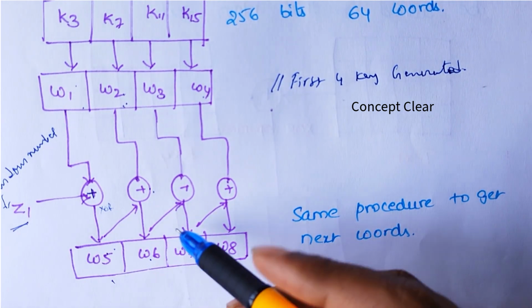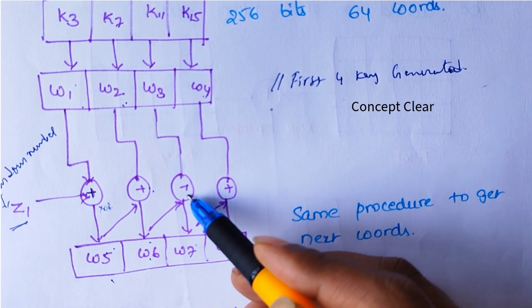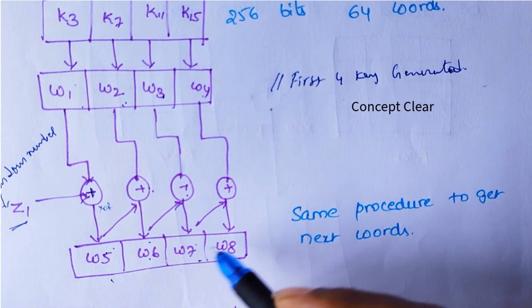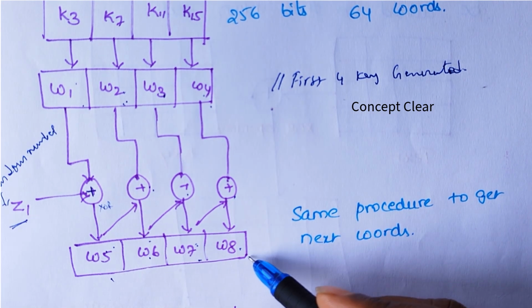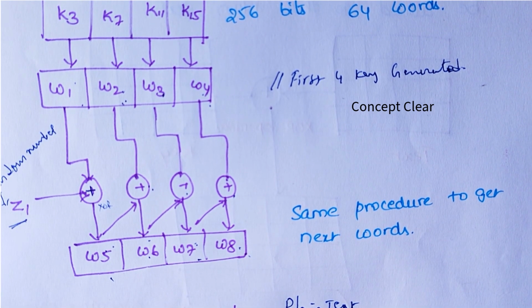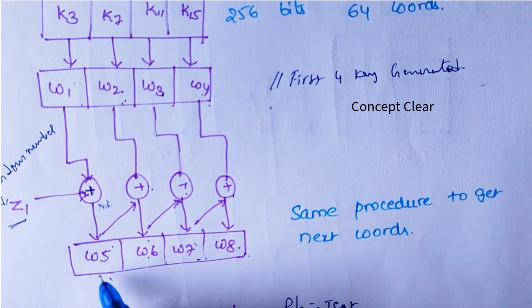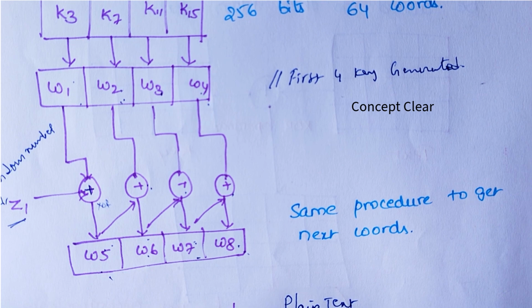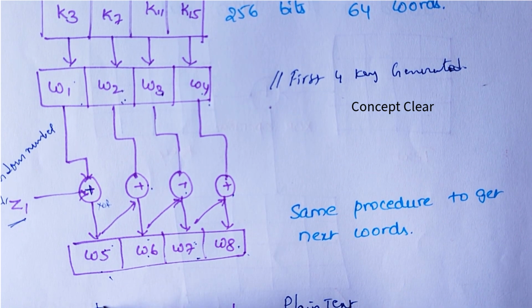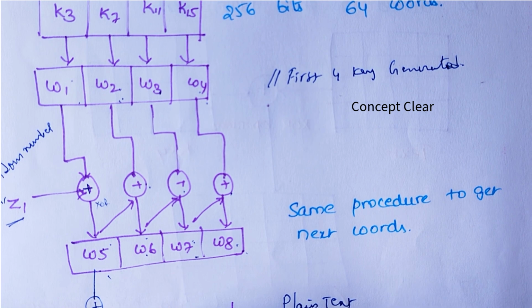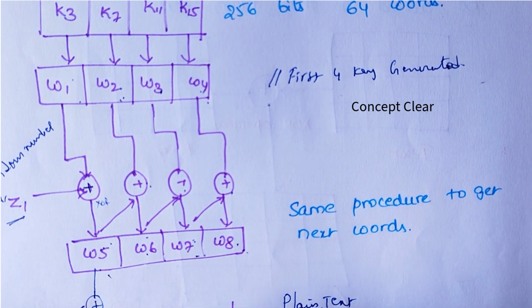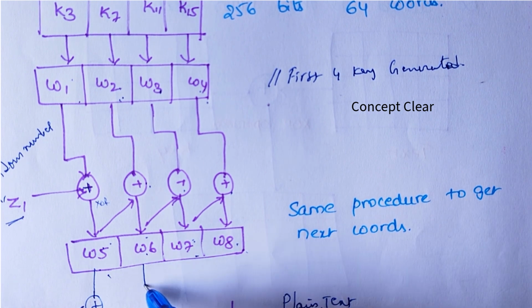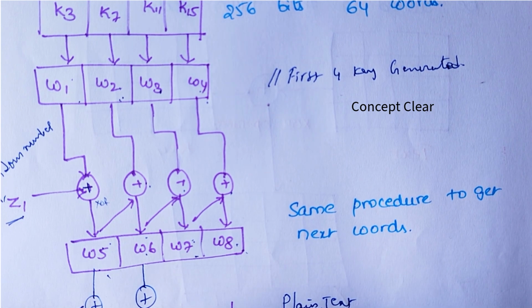Again, to generate W7, you take W6 XOR W3. To generate W8, we take W4 XOR W7. To generate W9, we again take one more variable and XOR with W5, and we get W9. If you want to generate W10, XOR with W9.